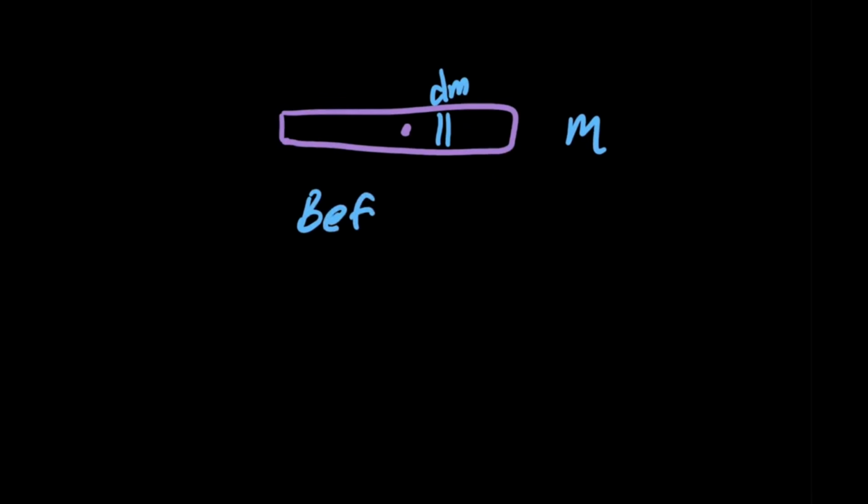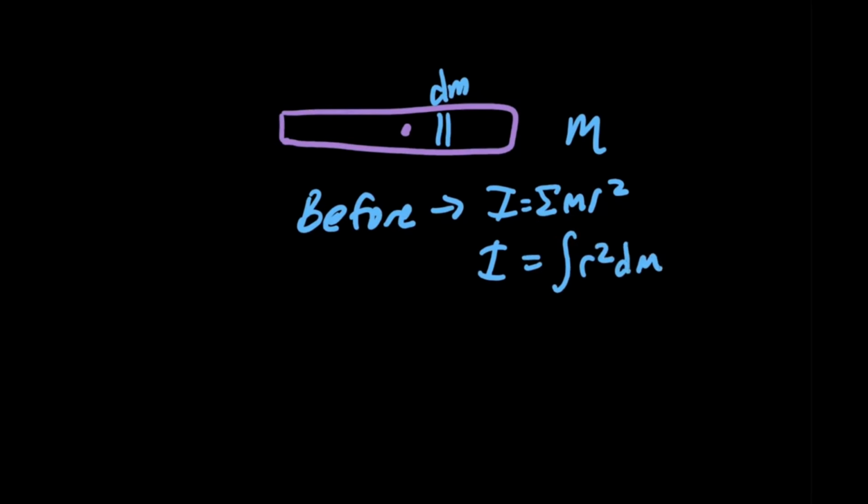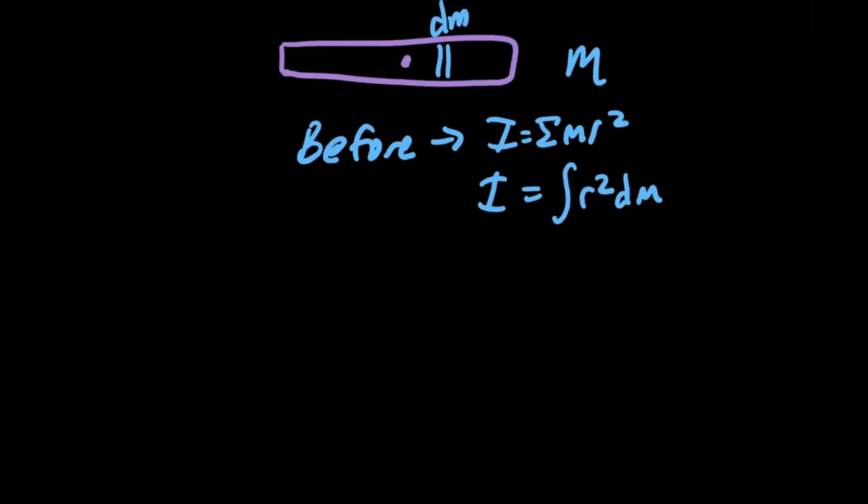Before, we knew that I is the sum of the mr squareds. Now we're going to say that I is the integral of the r squareds with a little dm there, right? Now, we kind of briefly touched on this in a previous unit.